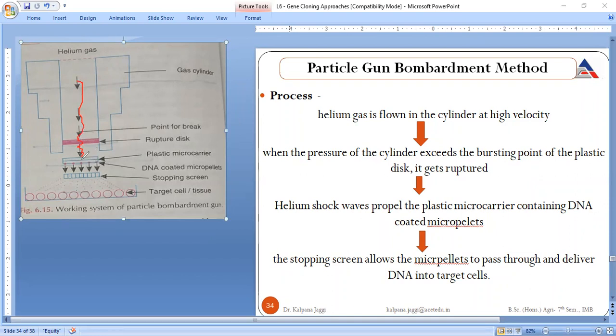When it falls onto the microcarrier, the DNA which is studded within the microcarrier gets separated from it, and later on they break this stopping screen also, and get inserted into the target cell. So this is the process.